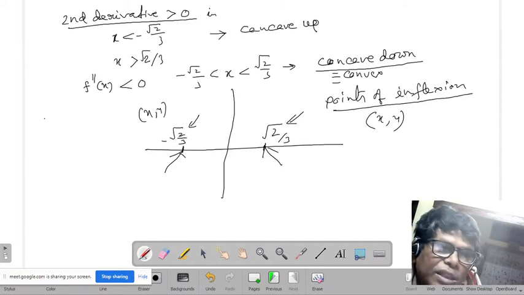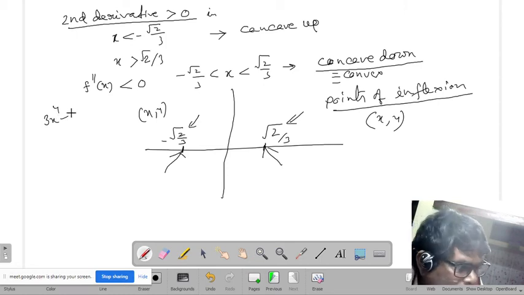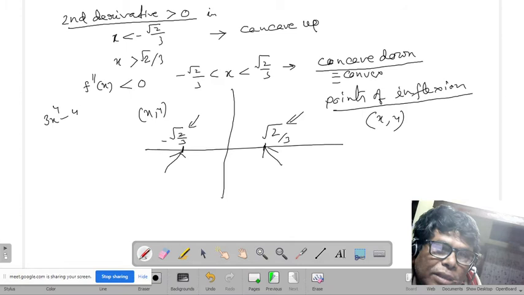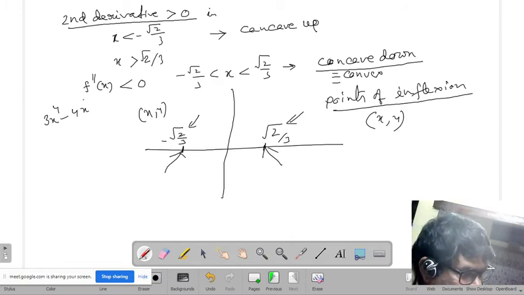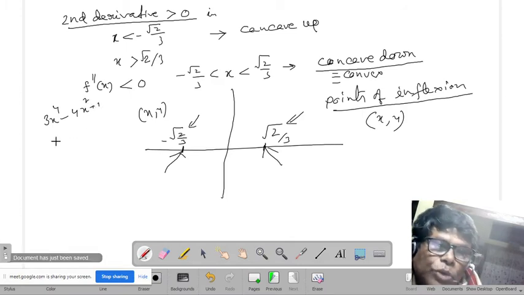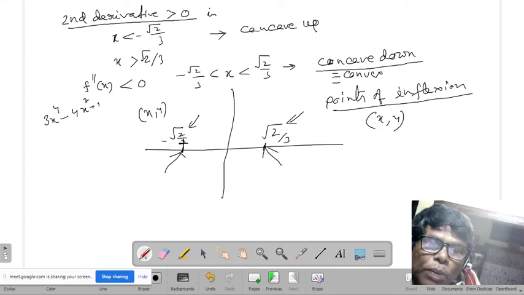Our function is 3x to the power 4 minus 4x square plus 1. So put x equal to root 2 by 3 here and you will get y. Negative and positive x give the 2 points, so you have to find these 2 points of inflection.